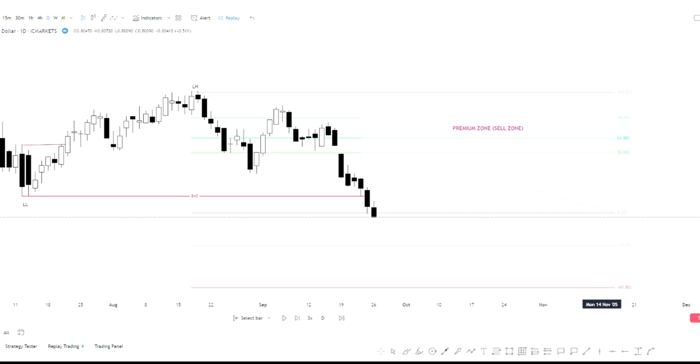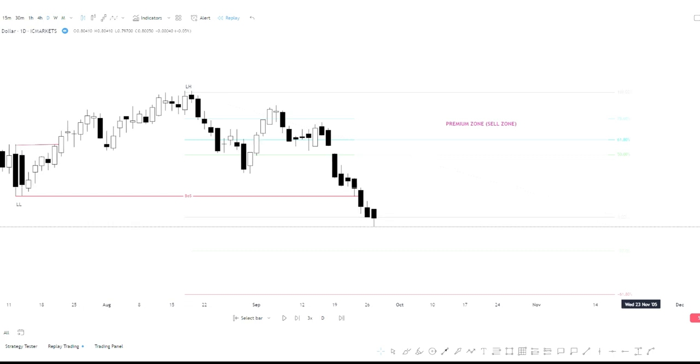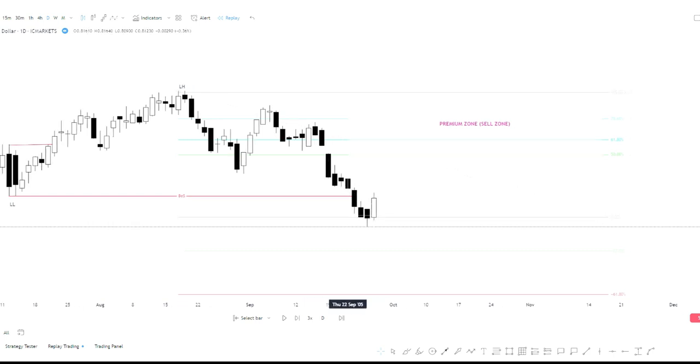Now the market is moving down. I will start adjusting our zones here. I should adjust Fibonacci like this and also adjust my trading zone. Why?